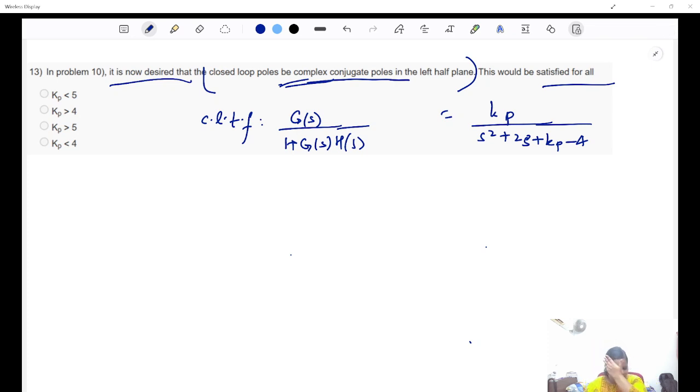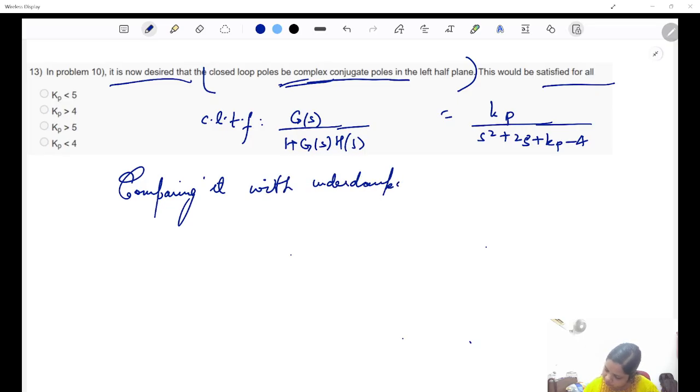This is the closed loop system. This is the transfer function for which we are supposed to find out what should be the value of Kp such that the closed loop poles are complex conjugate poles and they lie in the left half of the S plane. So what we'll do, comparing it with underdamped second order system, because that satisfies this condition.